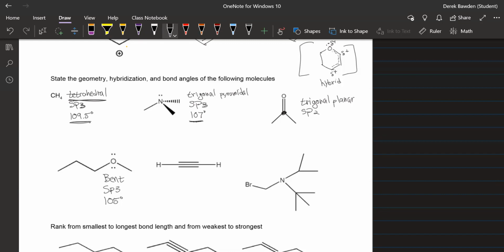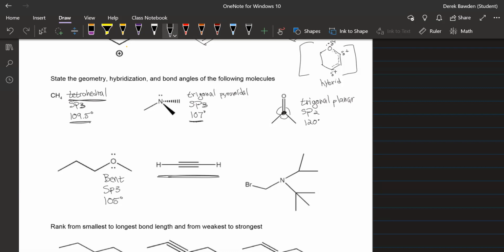And then for the bond angles, we do 360 divided by 3, which gives us 120, because there are 3 equidistant angles here and the total would be 360.